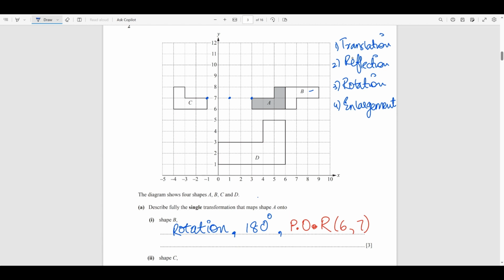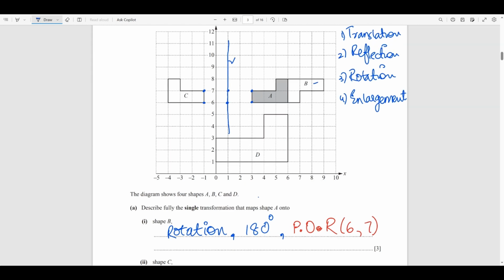Here it's so obvious that it's going to be this line only. That's how we do it. You don't actually have to do this. If the questions are complicated, then you can, but I think the reflection questions are pretty easy. You can easily see the line of reflection. So this line is going to be the line of reflection.